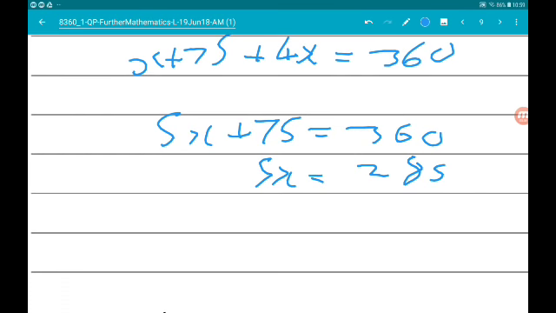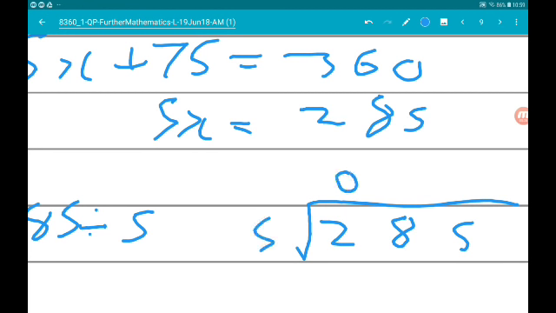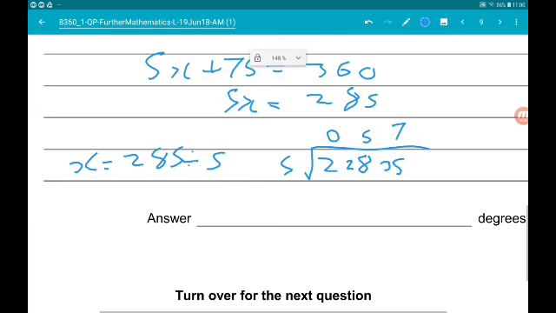So x is 285 divided by 5, which we can use the bus stop for. So 5's into 2, nope. Carry the 2. 5's into 28, goes 5 times. Remainder 3. 5's into 35, goes 7 times. So x is 57 degrees.